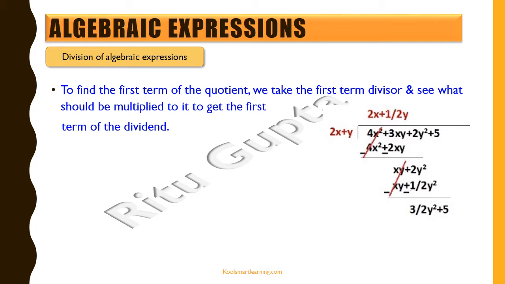To find the first term of the quotient, we take the first term of the divisor and see what should be multiplied to it to get the first term of the dividend. The first term of the divisor is 2x and the first term of the dividend is 4x square. So we see what is to be multiplied with 2x to get 4x square, and that clearly is 2x.